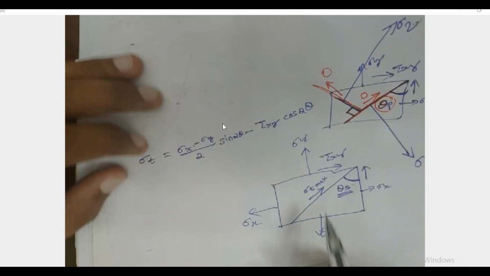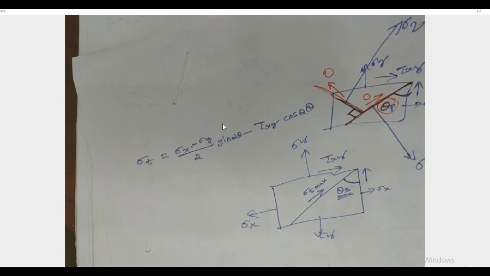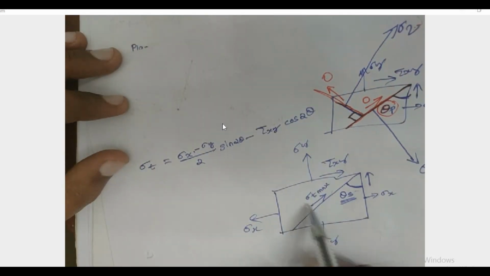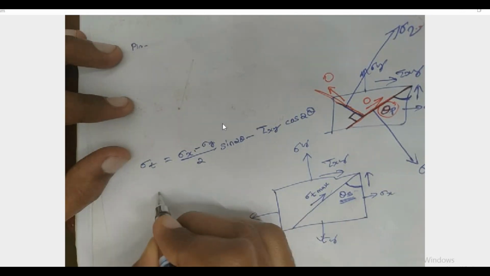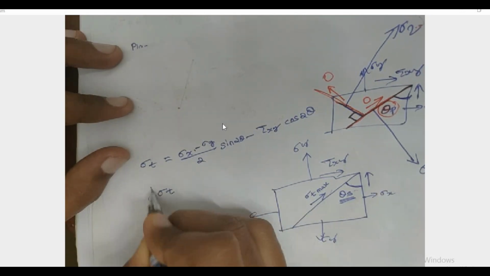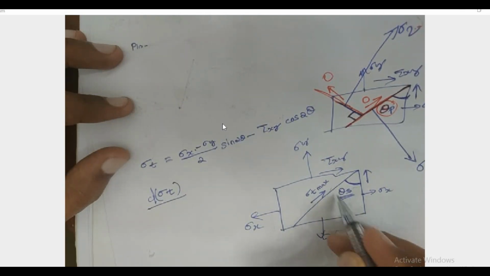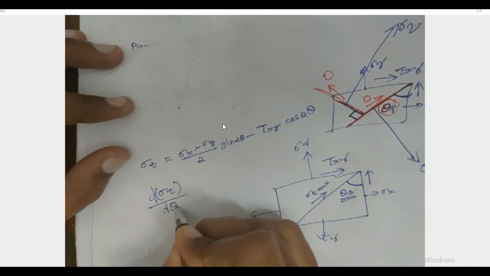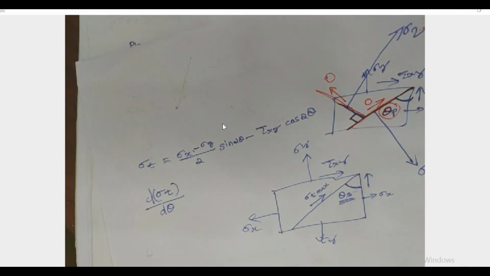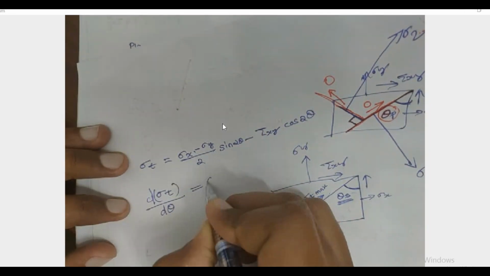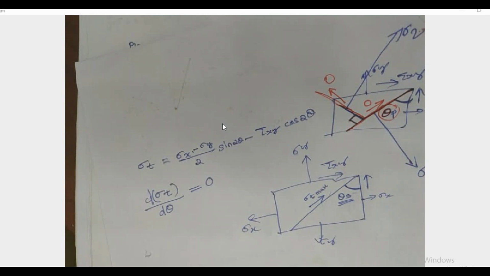This is the equation to calculate the shear stress. Here the shear stress is maximum, that means we can differentiate sigma t with respect to the variable, the angle theta, and equate it to 0.